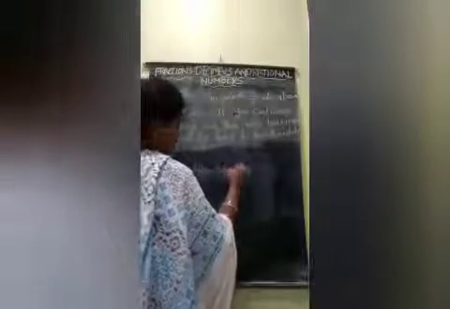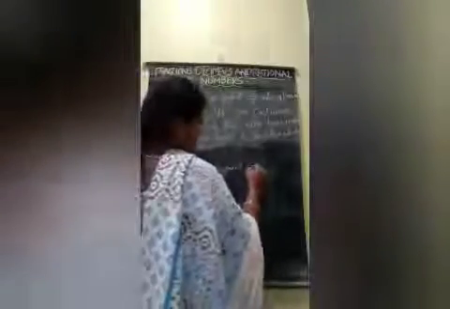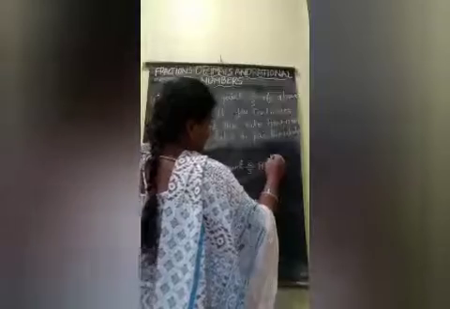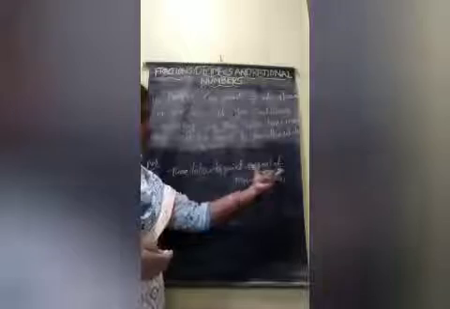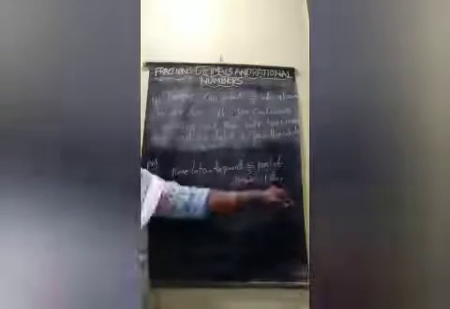Time taken to paint. 2 by 5 part of the house is equal to 1 day. How many days did it take to paint 2 by 5 part of the house? 1 day.